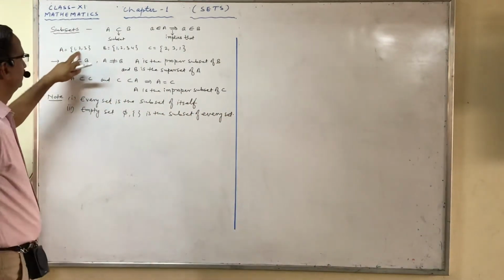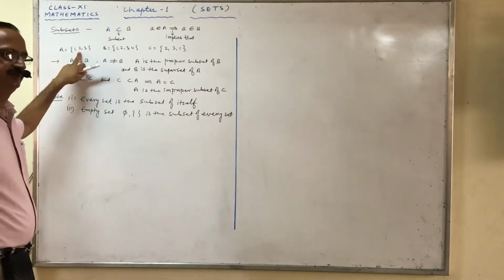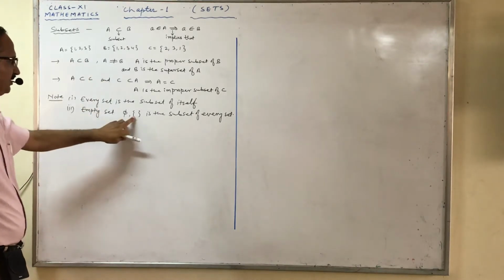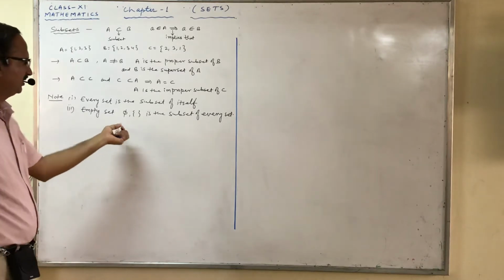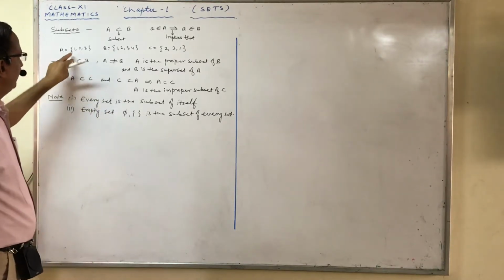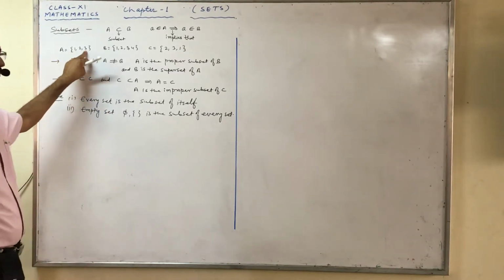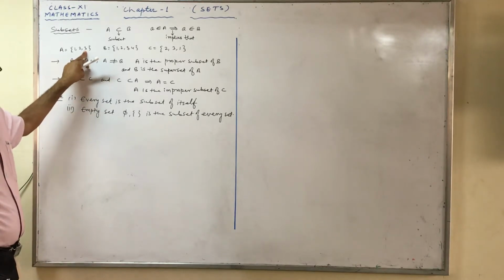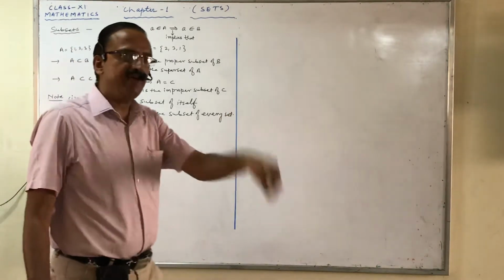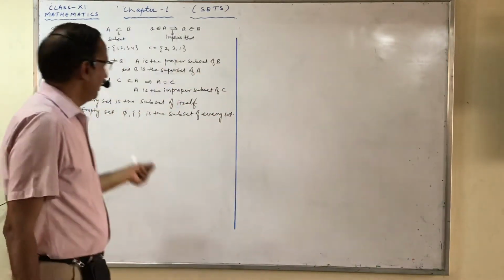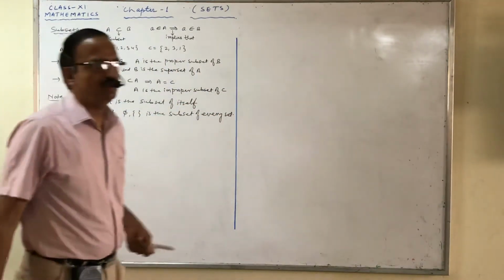Suppose when we consider A, phi means empty set, means no element. Since it has no element, if all the elements of this set are removed, then what will happen? It is empty. It means the empty set is there in every set. So we can say that the empty set is the subset of every set.